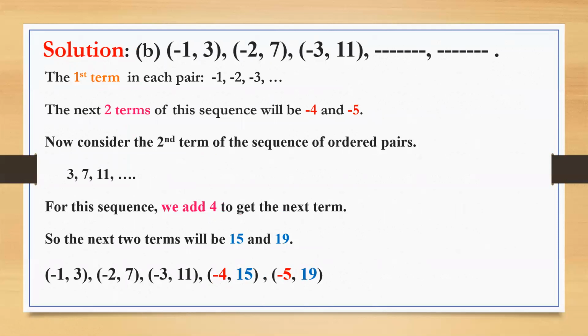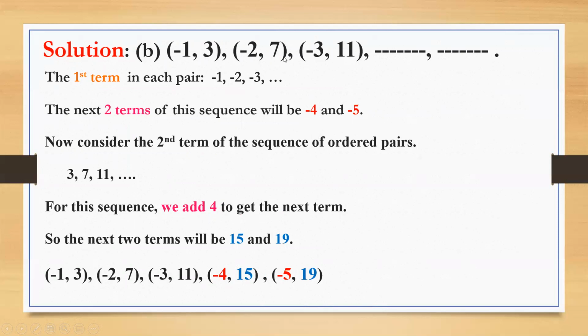Part B: (-1, 3), (-2, 7), (-3, 11). The first term in each pair will be -1, -2, -3. The next two terms will be -4 and -5.